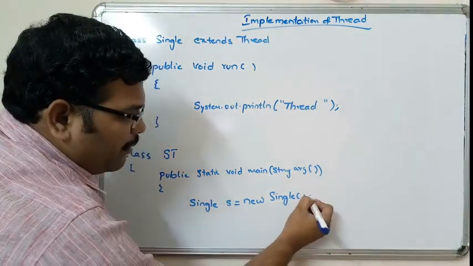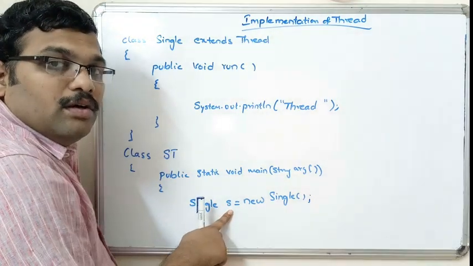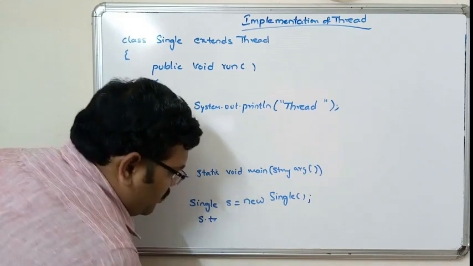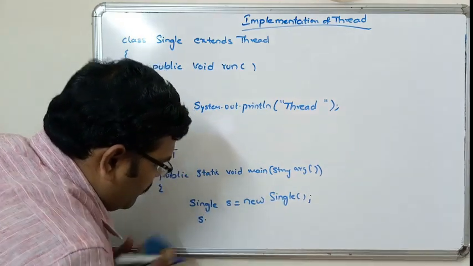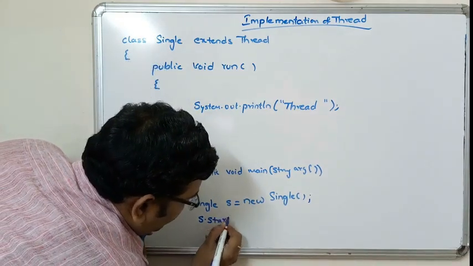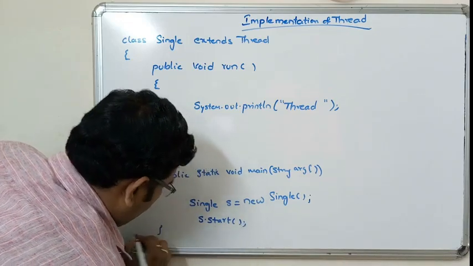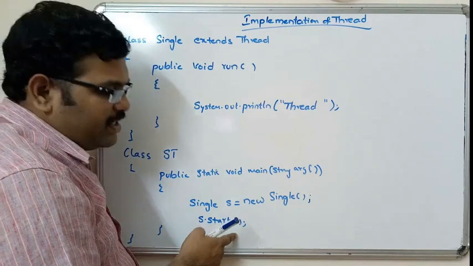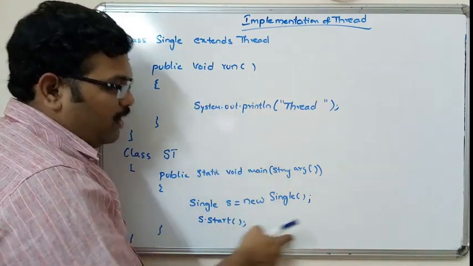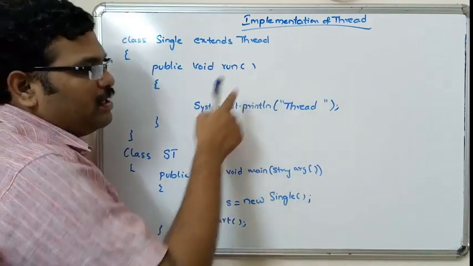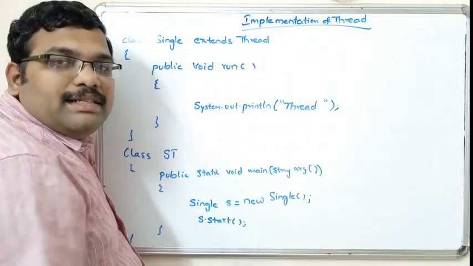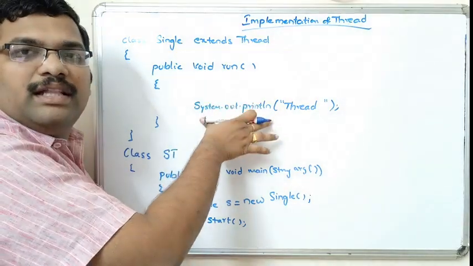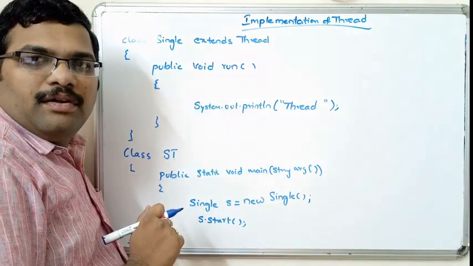Now with the help of this object we call the start function, s.start. Whenever we call the start function, it will implicitly call the run function. Automatically it will call this run function and display thread as output. Not only System.out.println, we can write our own logic in the run function, right?